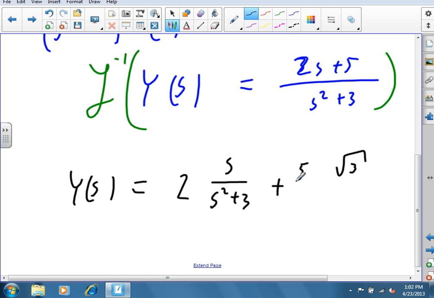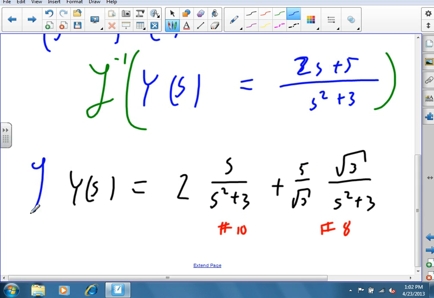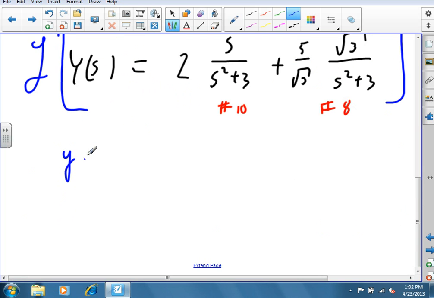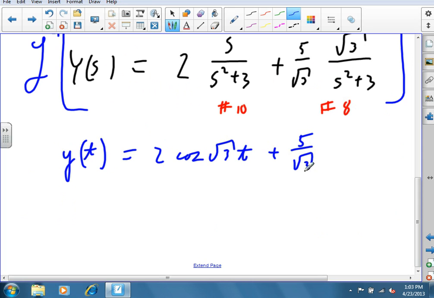So I'd have 5 divided by the square root of 3 on the outside, times the square root of 3 over s squared plus 3. I see that this is number 10, and this one is number 8. Now I'm going to do my inverse Laplace transform, and I get that y of t is equal to 2 cosine square root of 3t plus 5 over the square root of 3 sine square root of 3t.